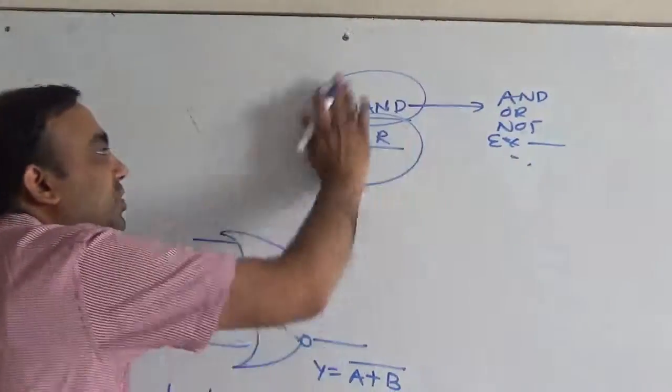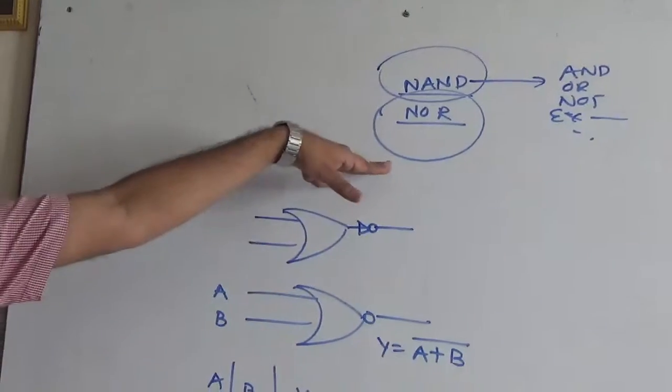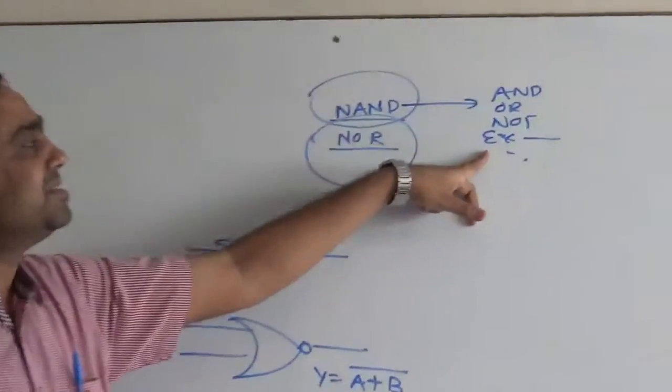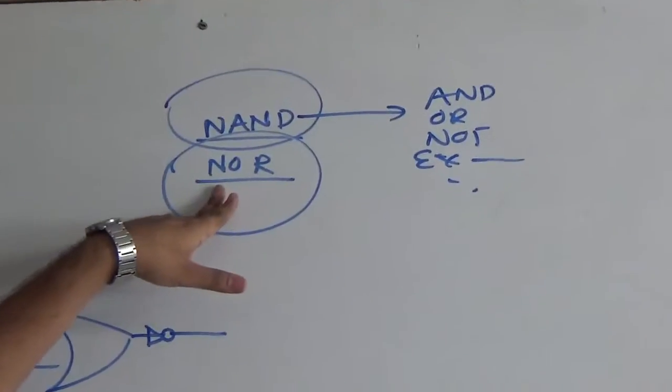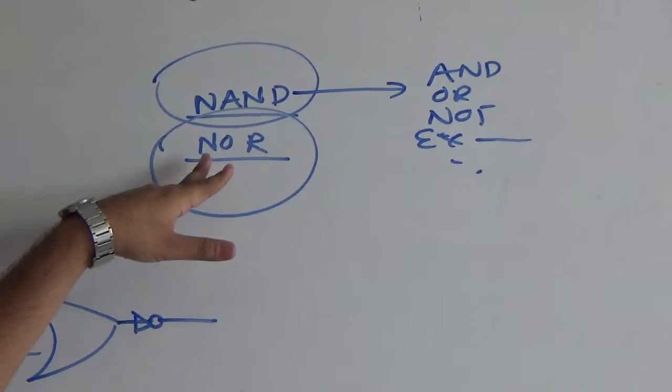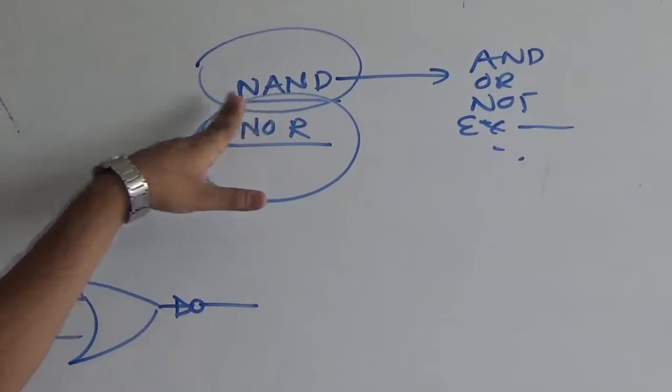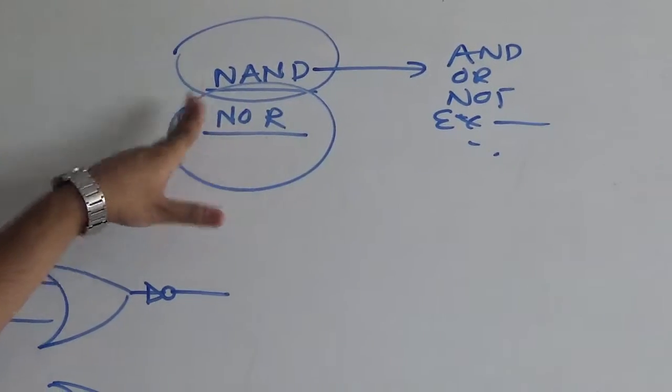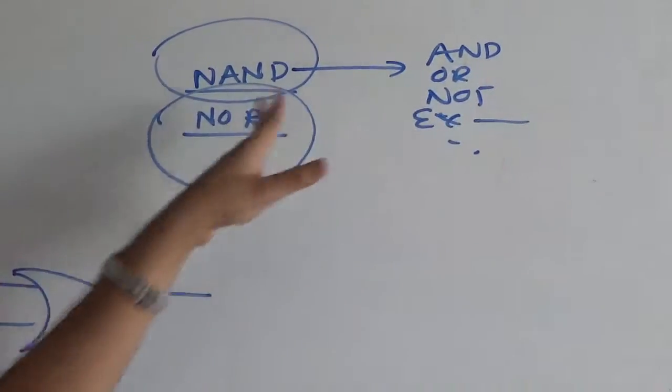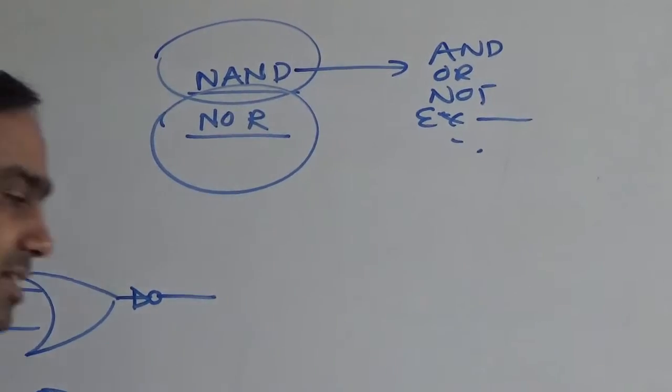So I can say these two are called universal gates. Basic gates are like this and derived gates are that. But from the electronics point of view, for manufacturing ICs, we first take these gates and from these gates we derive the other gates. That's why these two are called universal gates.